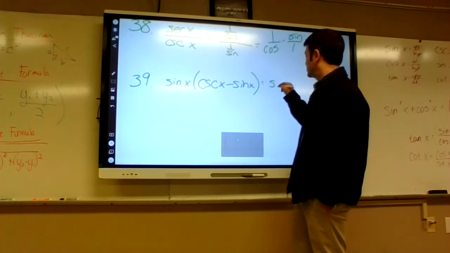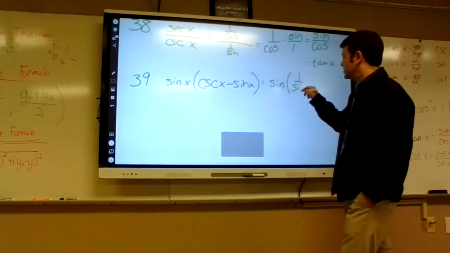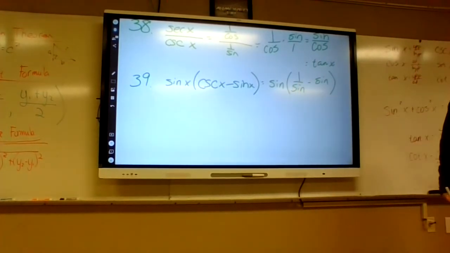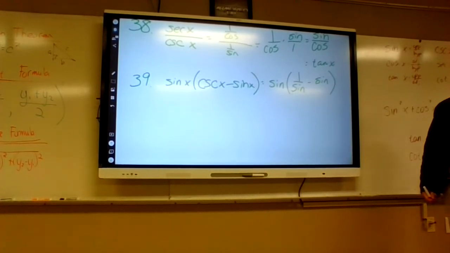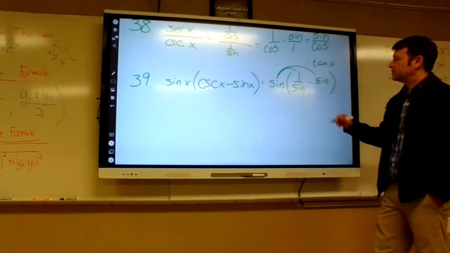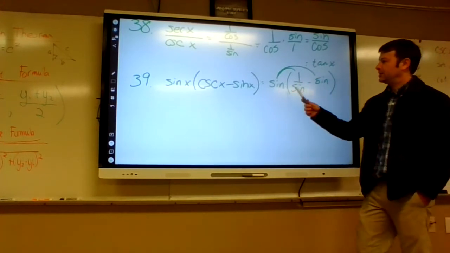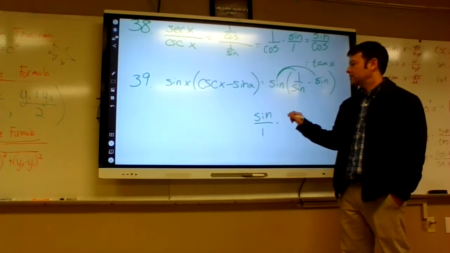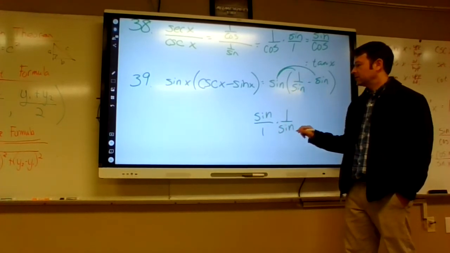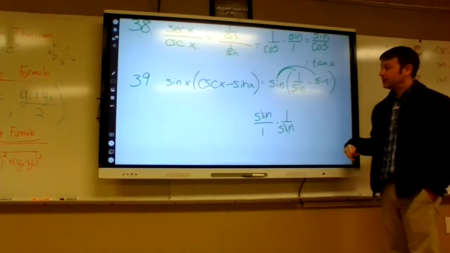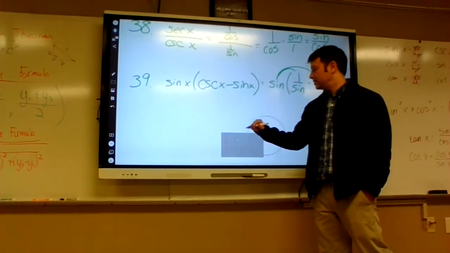So this is sine times 1 over sine minus sine. Let's distribute. What is sine times 1 over sine? Sine over sine, 1, the sines cancel out. So sine times 1 over sine is 1.